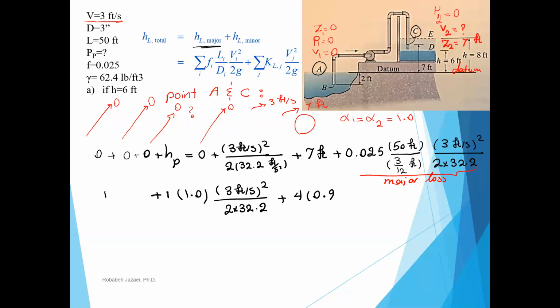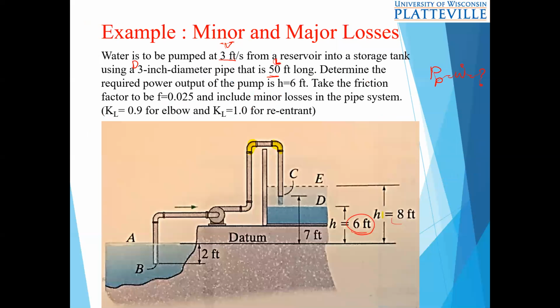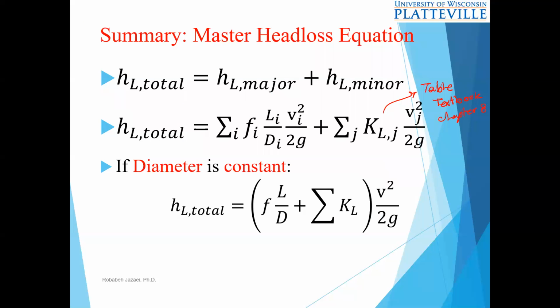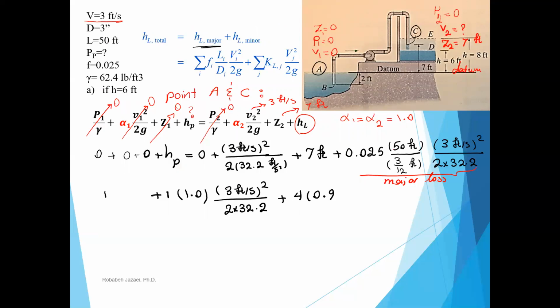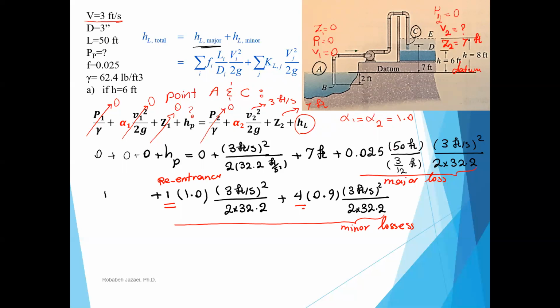Let's check if it's 0.9. Yes, it's 0.9. So multiply by 3 feet per second squared over 2 multiplied by g. So what else do we have? That's all for minor losses: 1 for reentrance and 4 for elbows.